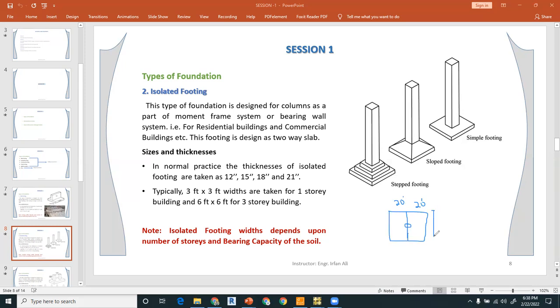And this is 20 feet, right? So this is the grid size I'm talking about. For this, the thickness of the footing may increase, but instead of 20, if you have 10 feet, the thickness will be less. And in case of 20 feet, the thickness will be large, right? So this is how you will decide the thickness of the footing initially. So this is the whole story about the isolated footing.